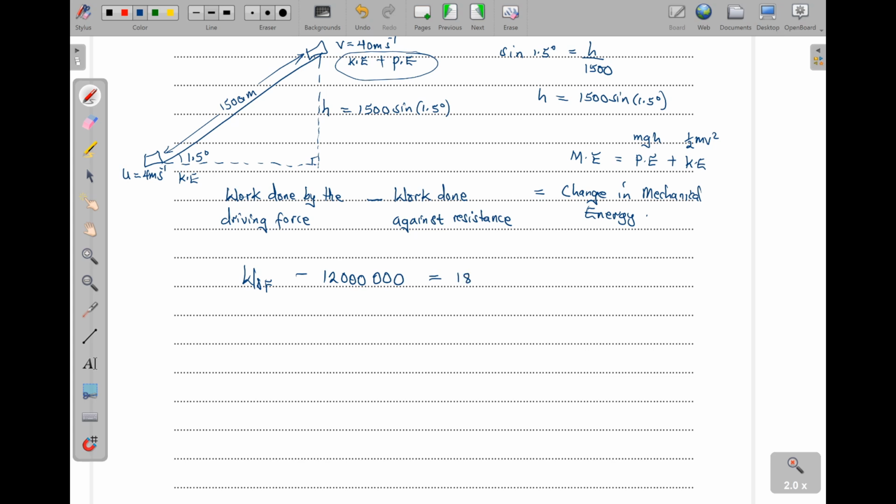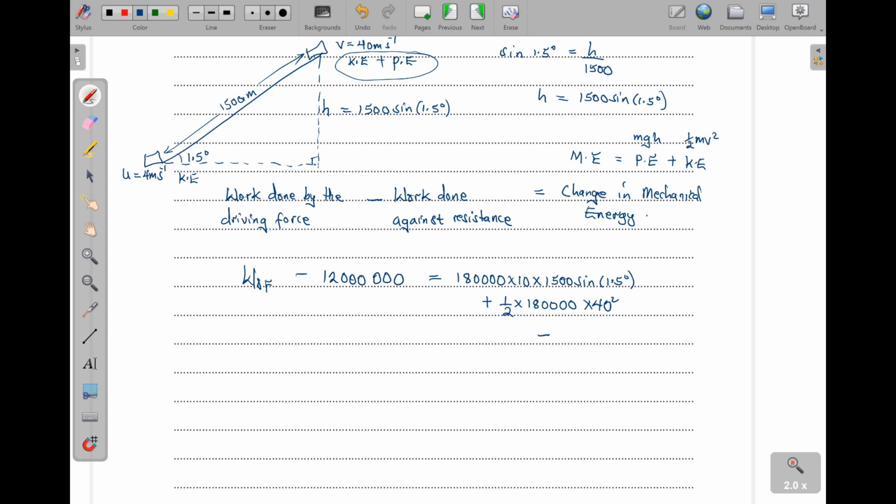M is 180,000, then the g is 10, and then times h, which is 1500 sine of 1.5, and then we have the kinetic energy, which is a half m v, final velocity, squared.